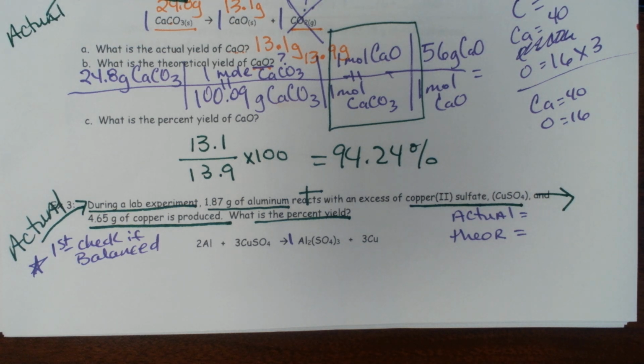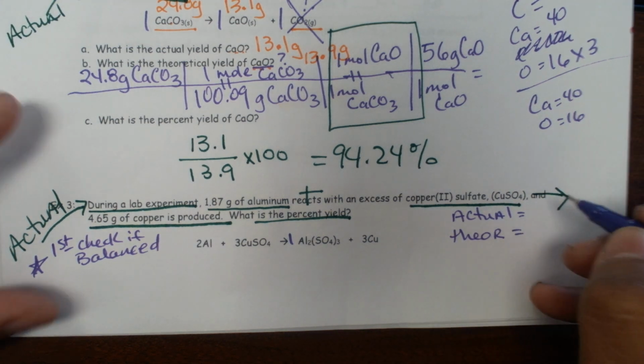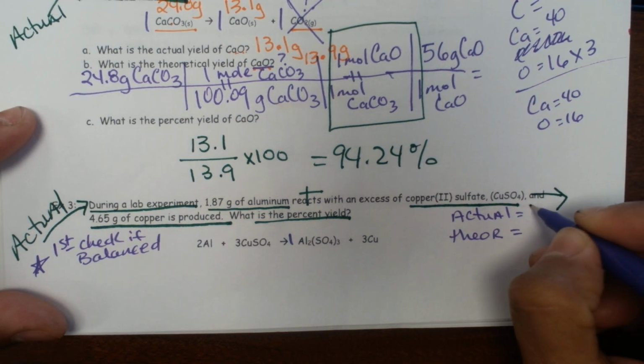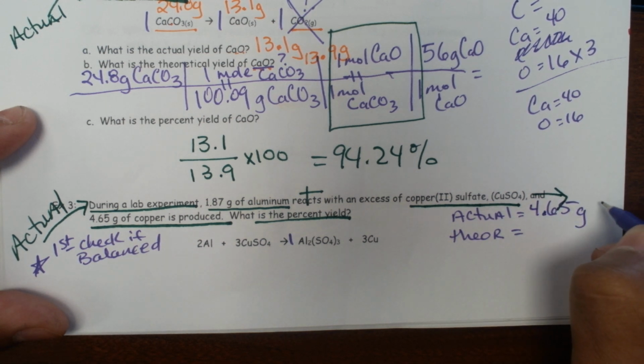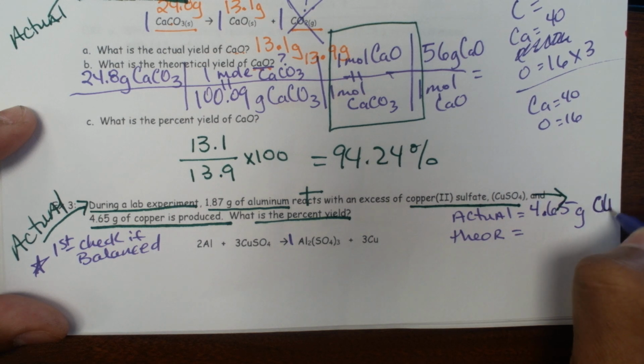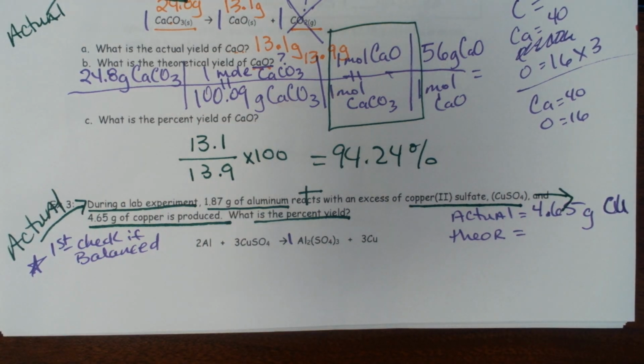Copper. Because percent yield, or yield, means your product. Does that make sense? And they did give us this actual product of copper. So I know that my actual is 4.65 grams of copper, Cu. Now I need theoretical.